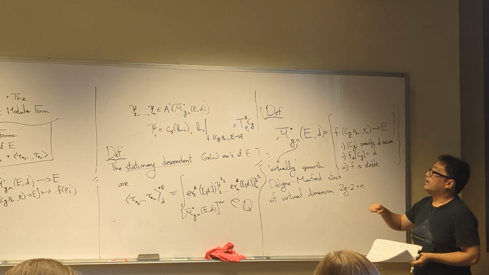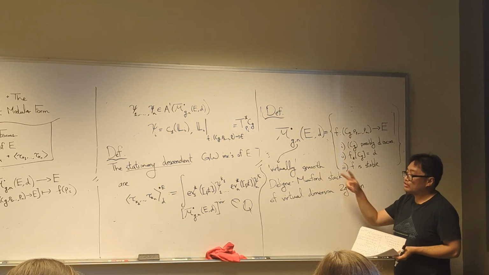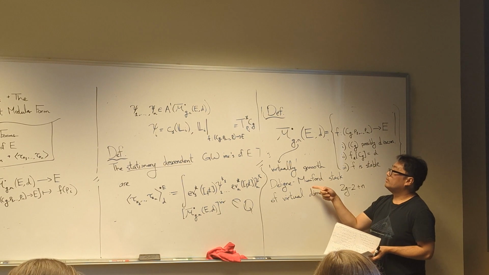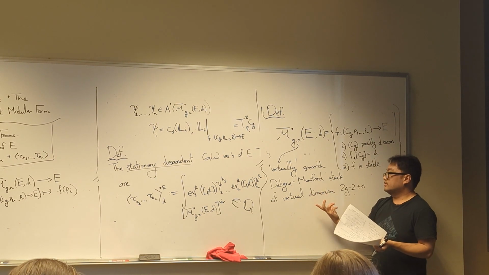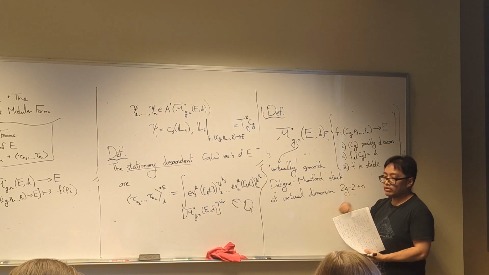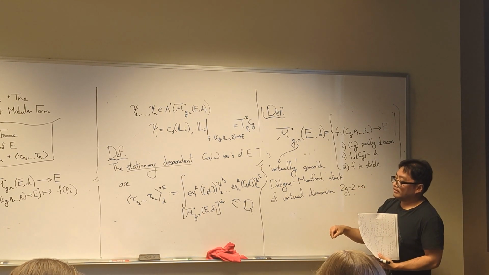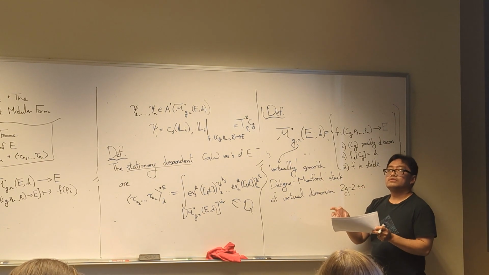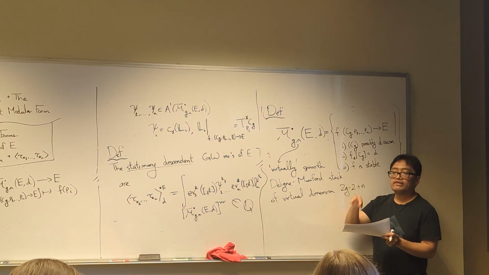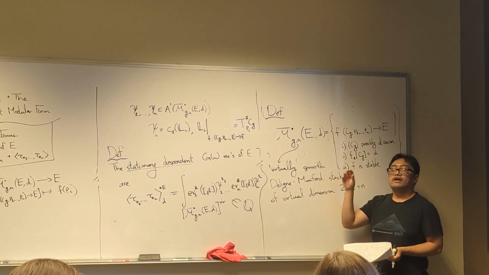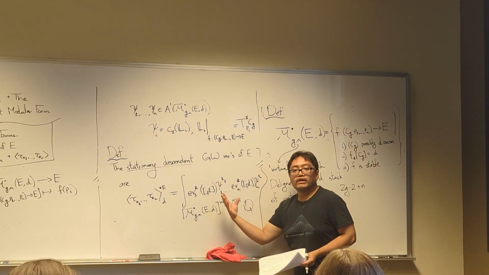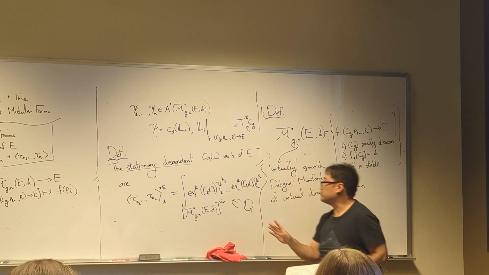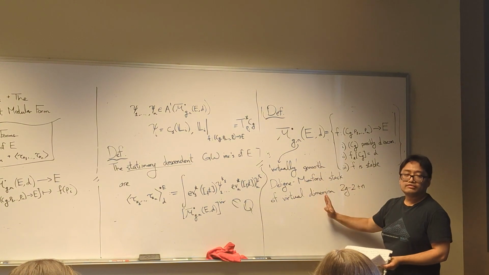However, it's virtually smooth in that we can find something called a virtual class. It's essentially an element in cohomology that satisfies all the properties you would like a fundamental class to have, which you can integrate against in a consistent way to get these intersection numbers. That's really the main point of saying this.